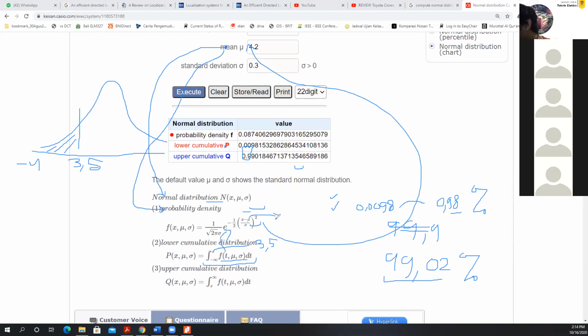The mean is 4.2 and the standard deviation is 0.3. Okay, and the cumulative is the rest. I mean, integration from x, 3.5, until positive infinity with the same function here. Okay, I hope it is clear. Any questions?